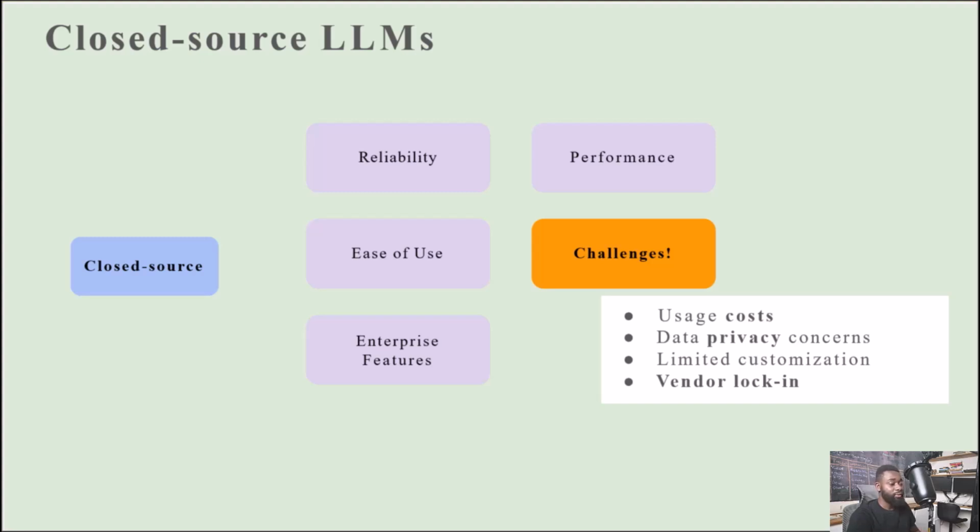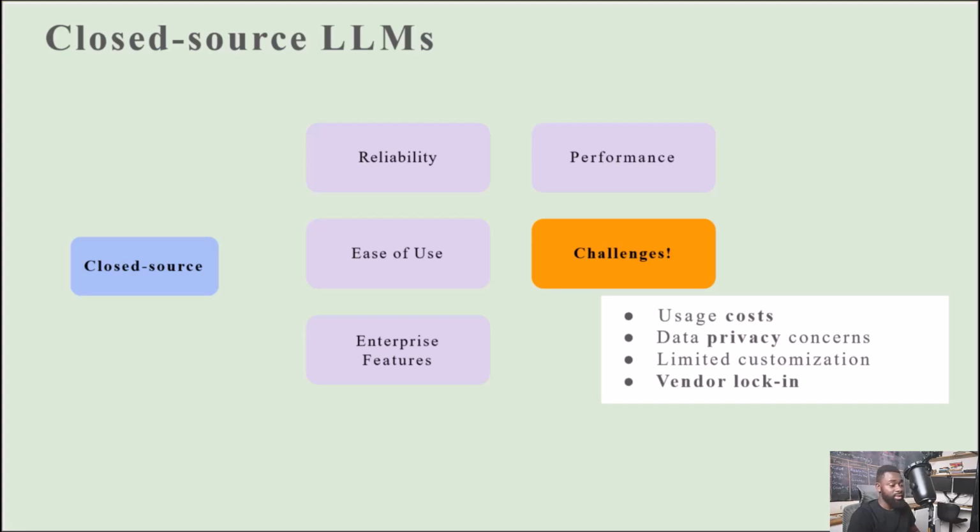But also, of course, there are some challenges. Number one is that there's a cost attached, and the data privacy concern. This is huge. Why? Because if you are using these closed source large language models, that means you are passing along data, and you don't know what they will be doing with it, or what they are going to be using your private data for. It also has limited customization.